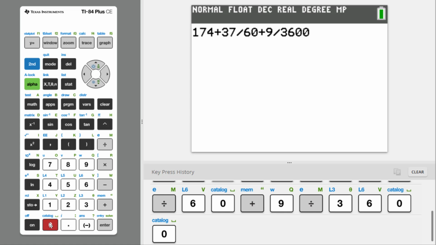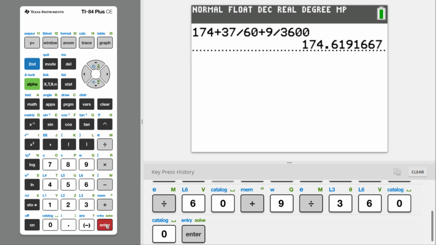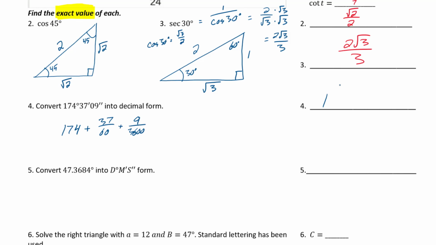Notice for the over part, all I'm doing is just pressing the divide button, and now if I just press enter, it should convert it for me. Let's go ahead and call that to the hundredths. So 174.62. Go ahead and get that answer on the blank just so we have a nice easy reference later if we needed to check our answer.